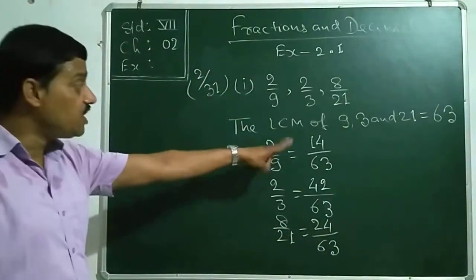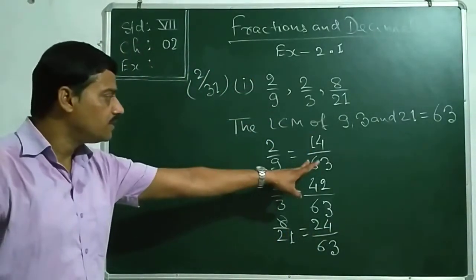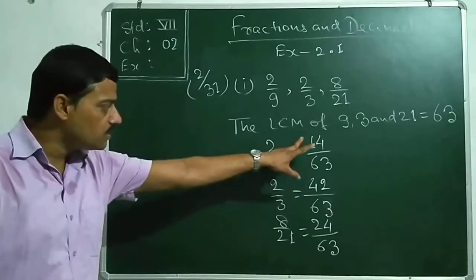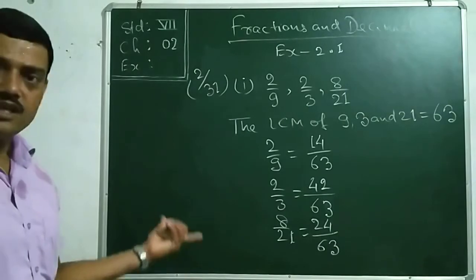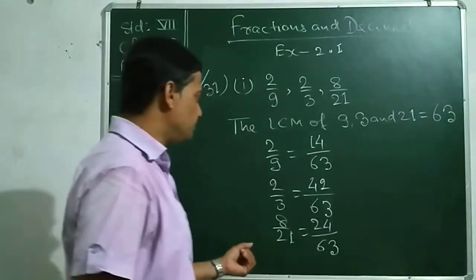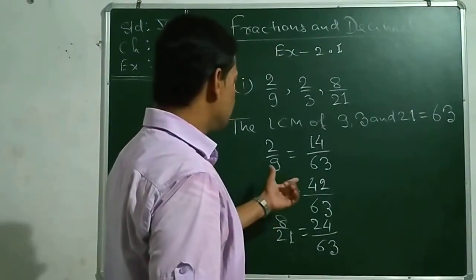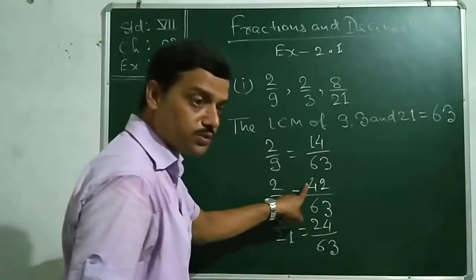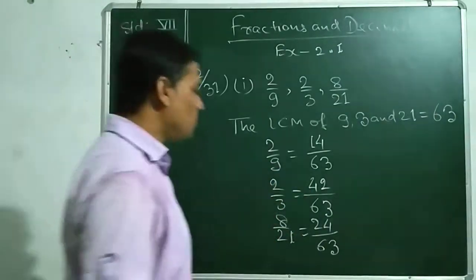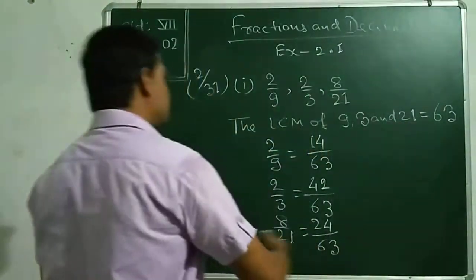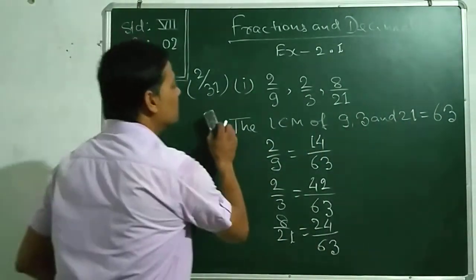Now very easily we can compare 14, 42 and 24. Which one is the greatest one? 42. You can write the numbers in descending order clearly now. Once again I am showing you.